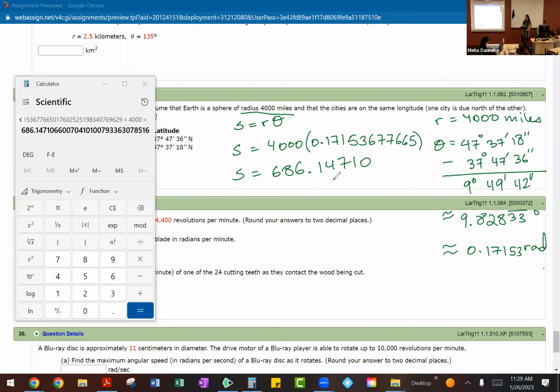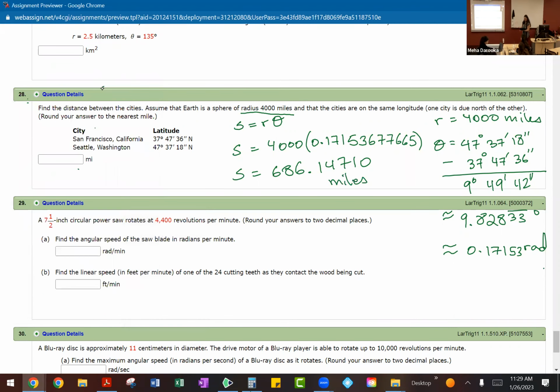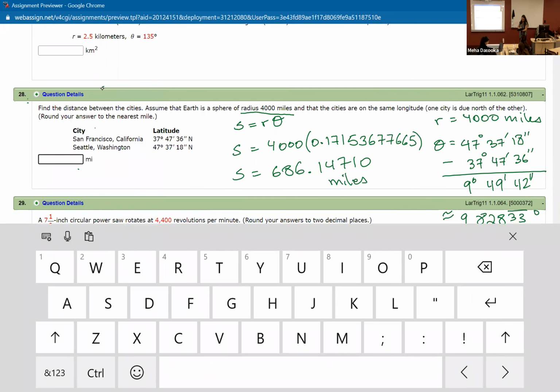And this will be in miles, since your radius is also in miles. They're asking you to round this to the nearest mile. So since you have a 0.1, this will of course round to 686.